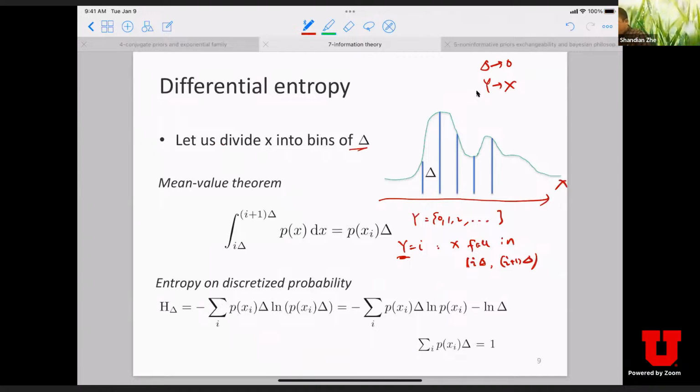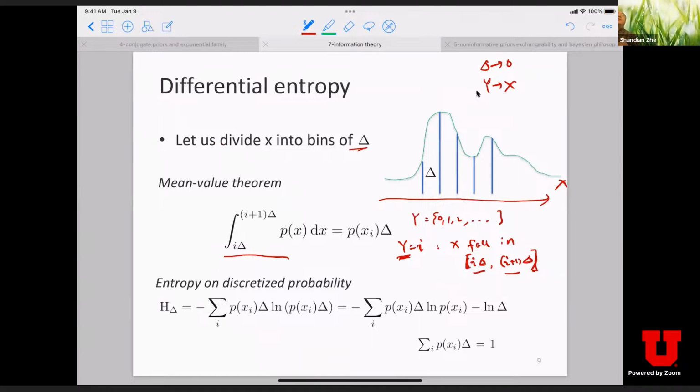So to compute the entropy of y, we know that y equals i means x falls in the i-th bin, which is the region i delta to (i+1) delta. I want to know this probability. This probability is essentially the integral of p(x) over the i-th bin.